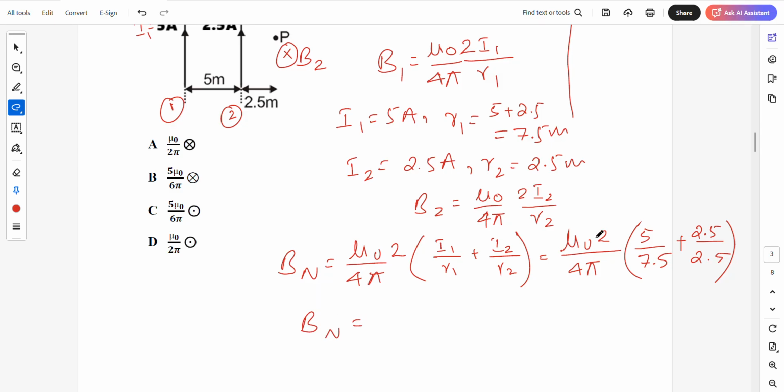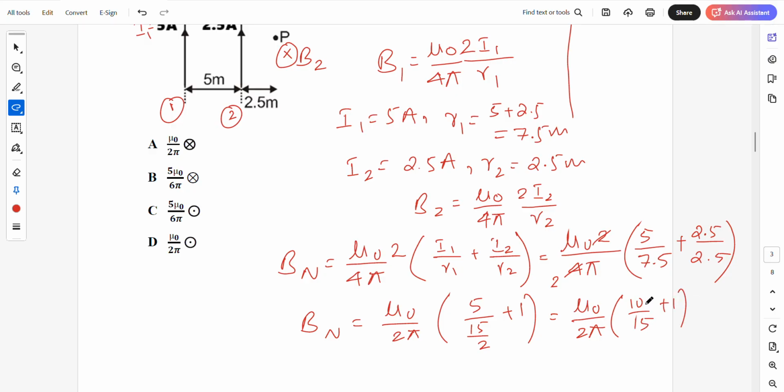B net will be mu naught by 2 pi into 5. I can write 7.5 as 15 by 2, plus 1, that is mu naught by 2 pi, 15 into 10 by 15, plus 1.